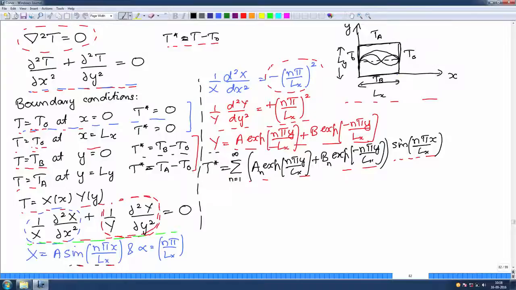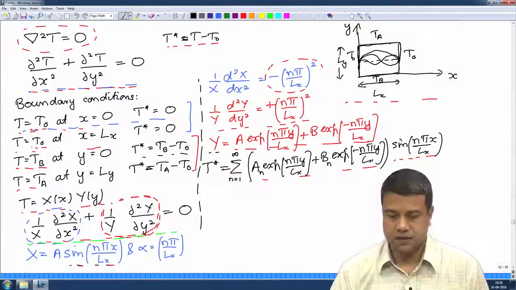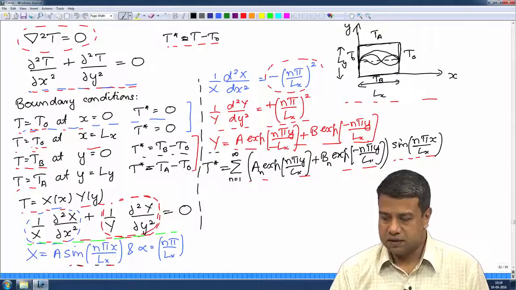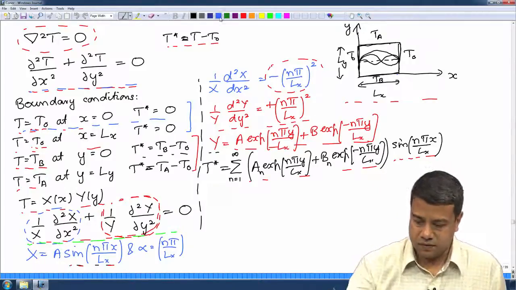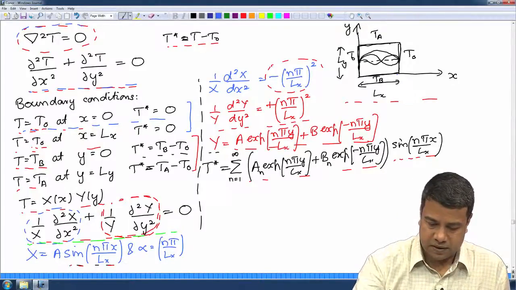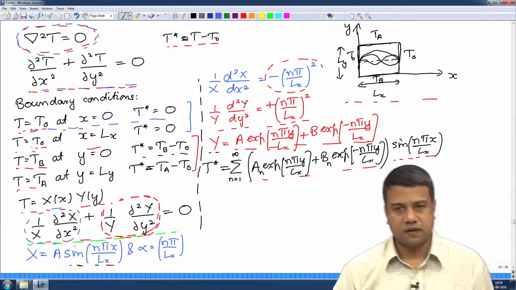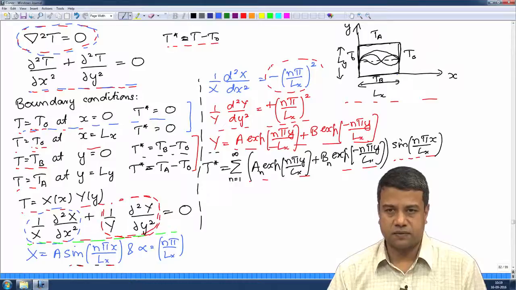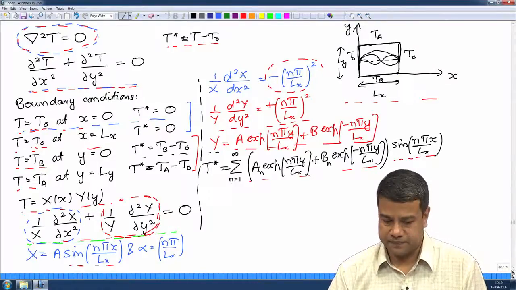In that case, provided the thermal conductivity or mass diffusivity are constants, the conservation equations all reduce to the Laplacian of the temperature field or the concentration field being equal to 0 in a domain where there are no sources or sinks.